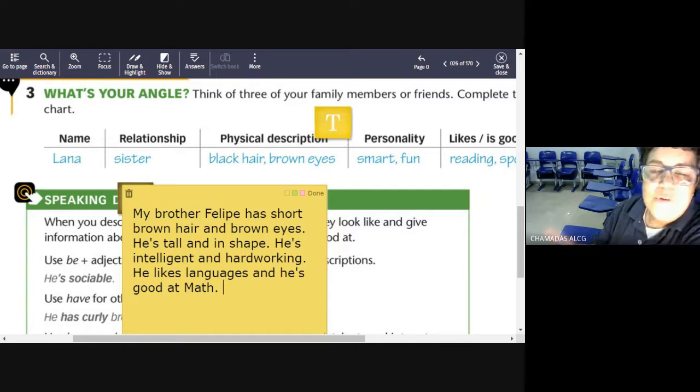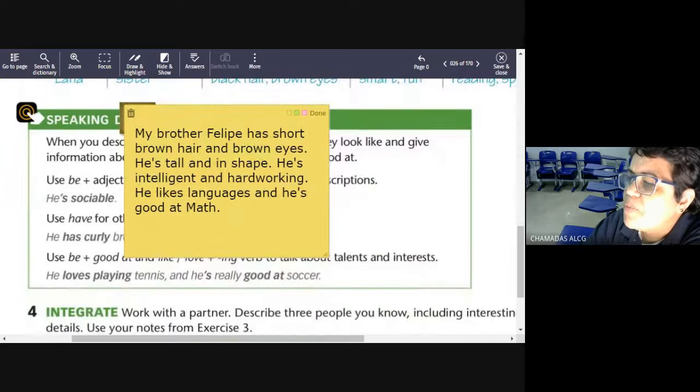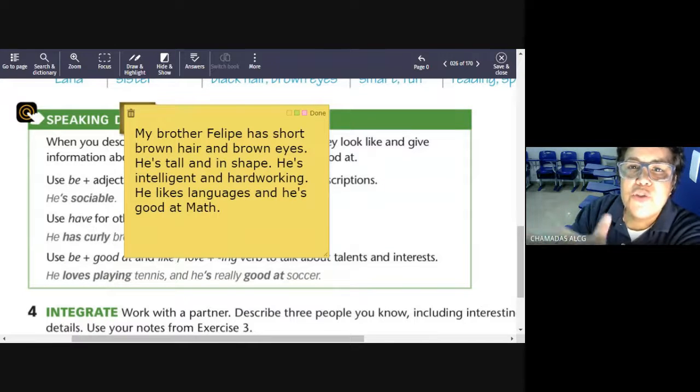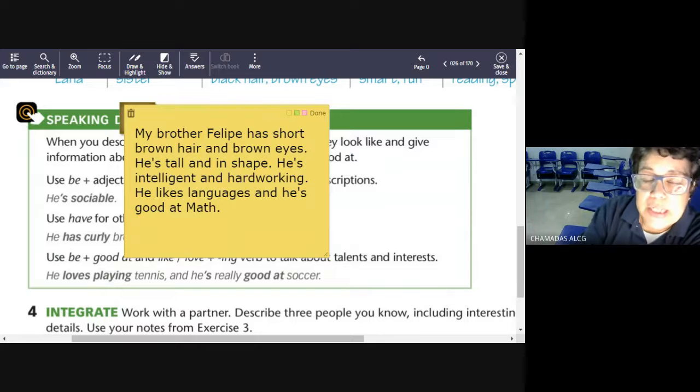He likes languages a lot, and he is good at math. So he knows a lot about math, okay? All right, here we have a description of my brother, okay? All right, people, so you can use the same model to describe a person in your family.